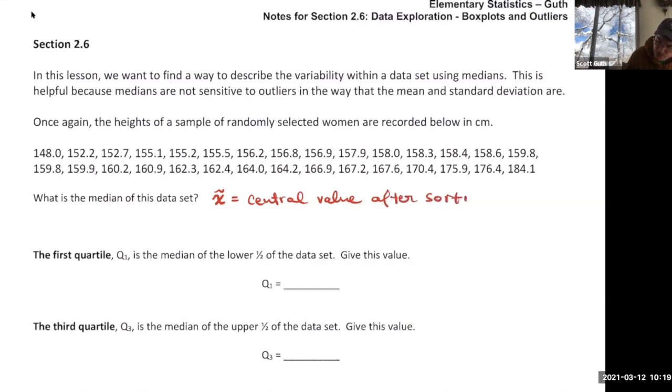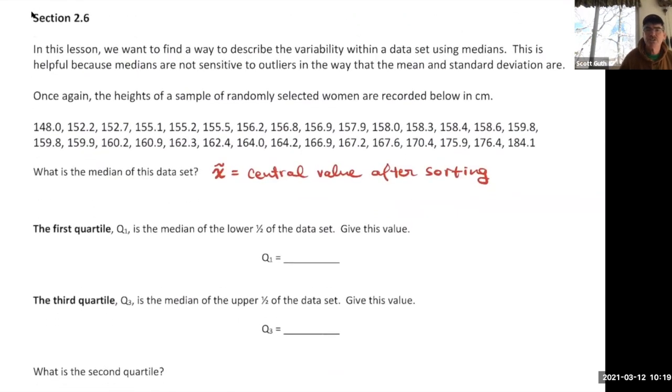Now, generally, I'll have you do this in Desmos, probably. Easiest way. And I'm sitting here a little stuck trying to decide, do we want to type in all 30 values? And I think I'm deciding the answer is no. The median is a central value after sorting. It looks like these are sorted.